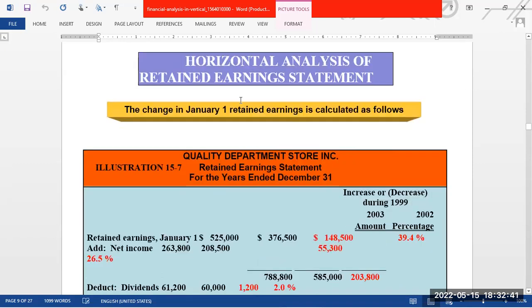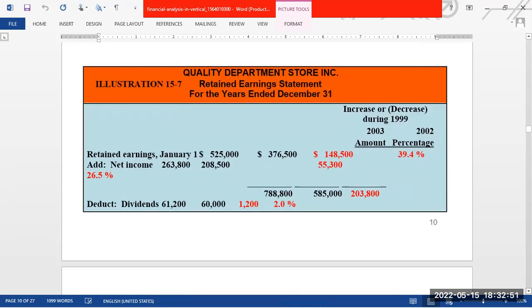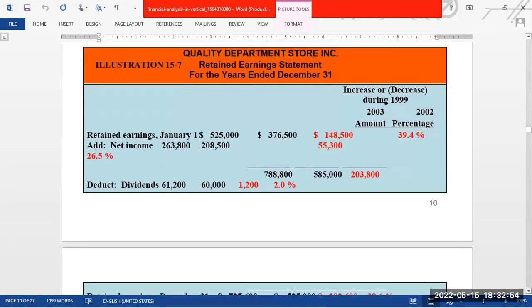Horizontal analysis of retained earnings statement. How does this apply for this company? The same procedure is used. You don't need to worry, either increase or decrease. Like retained earnings in January is 525,000, and here is 376,500.